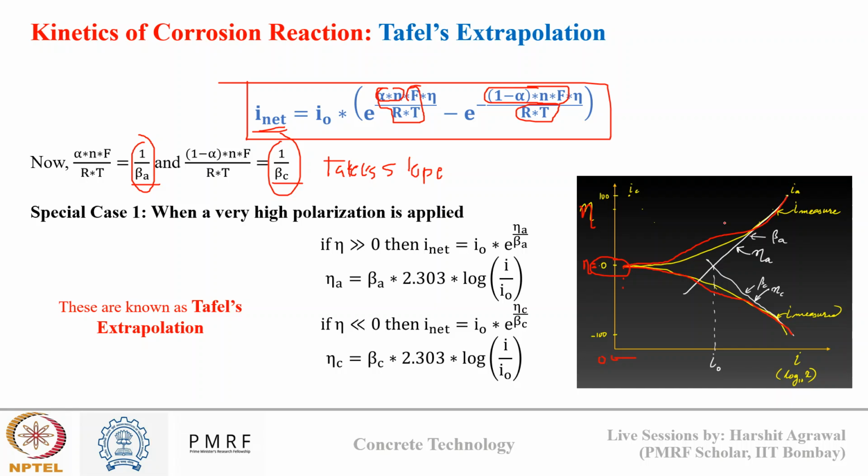As we apply more positive overpotential, the current increases, and if we apply more negative overpotential, the current again increases. This is the representation of eta versus log I for the Butler-Volmer equation.